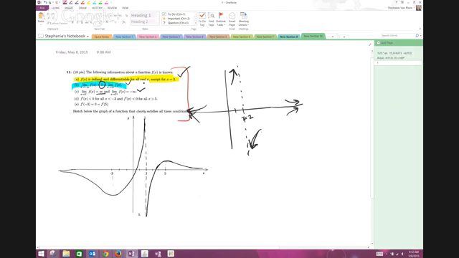That one's satisfied. The next one is saying the first derivative is less than 0. The first derivative is slope. So for x less than minus 3, maybe I can extend this out here. At x equals minus 3, my slope is negative, and my slope is negative for x greater than 5.